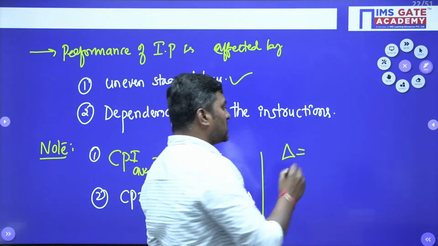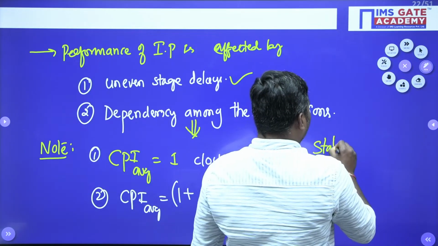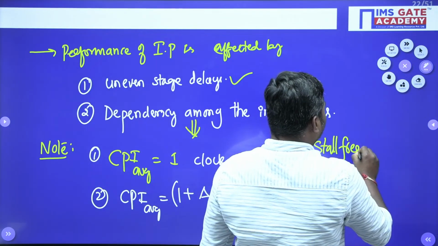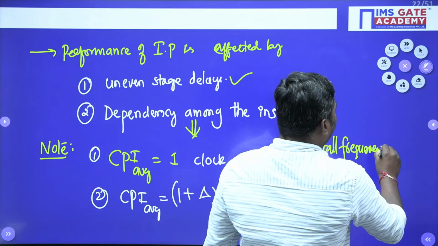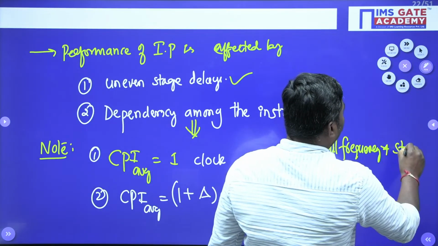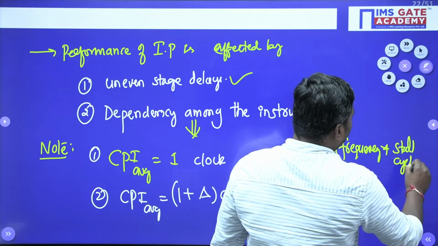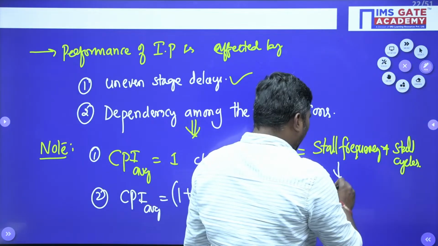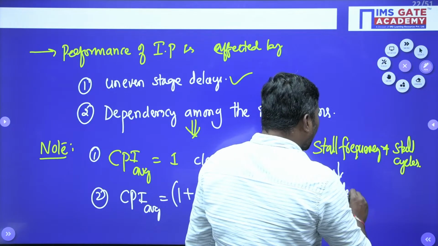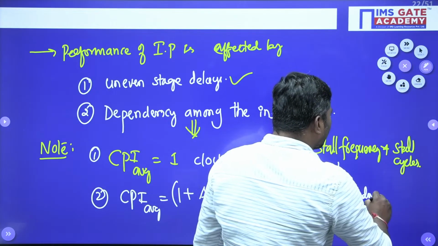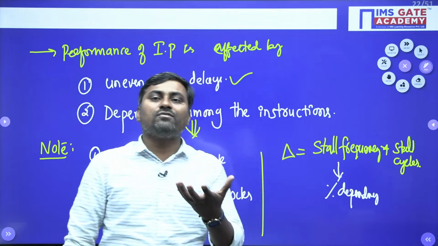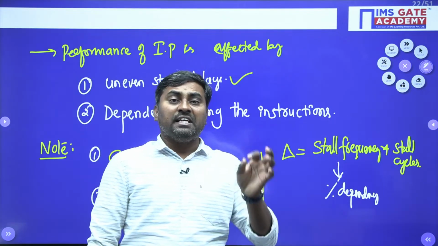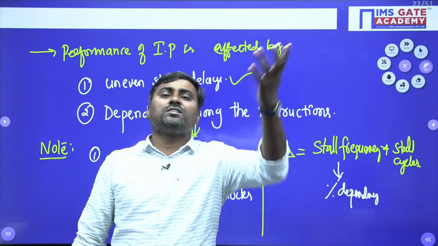So delta is the stall frequency multiplied by the stall cycles. How many stall cycles have happened? The stall frequency means the percentage of dependency in the instructions: what rate of the instructions are dependent, and for each dependent instruction, how many extra clocks it is taking.